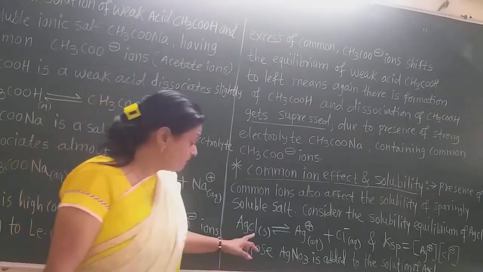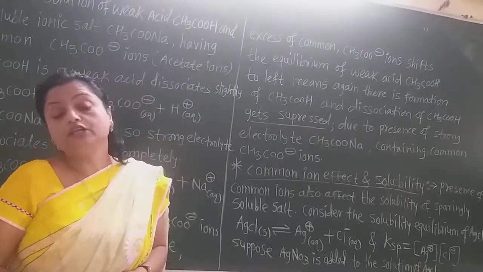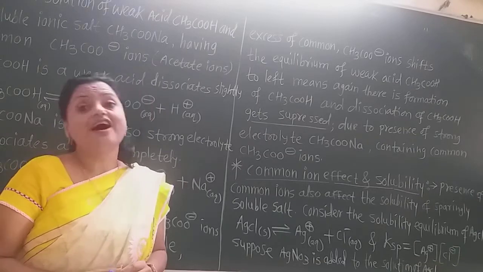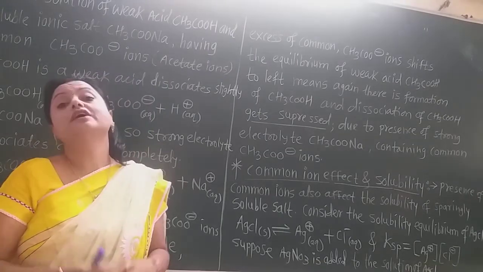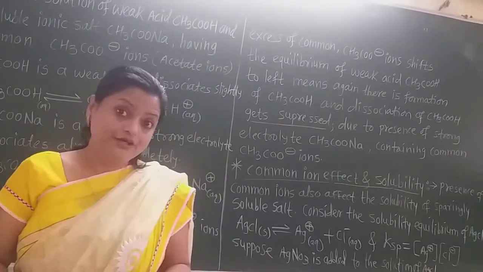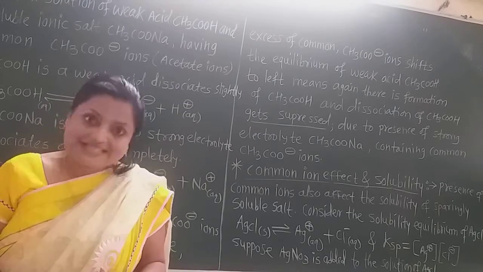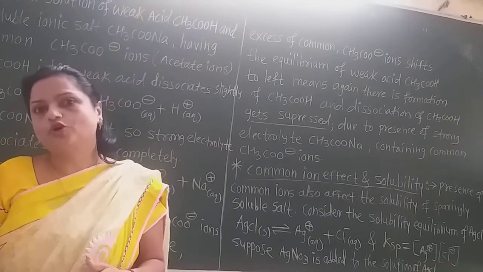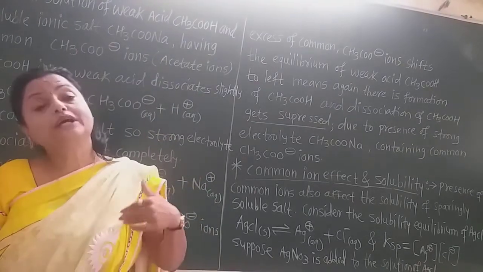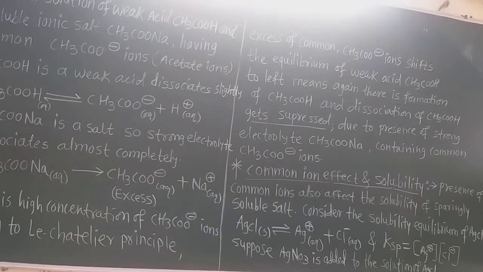That means the ionization of this sparingly soluble salt gets suppressed due to the common ion effect by the addition of strong electrolytes such as AgNO3, which has one common ion and which again suppresses the dissociation of that sparingly soluble salt by shifting the equilibrium to the left-hand side.